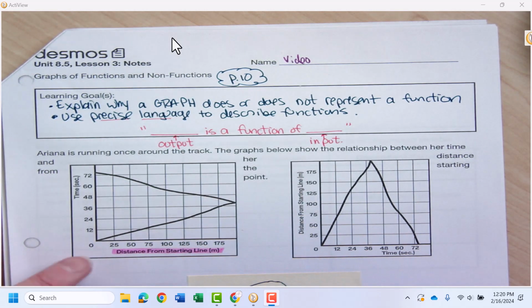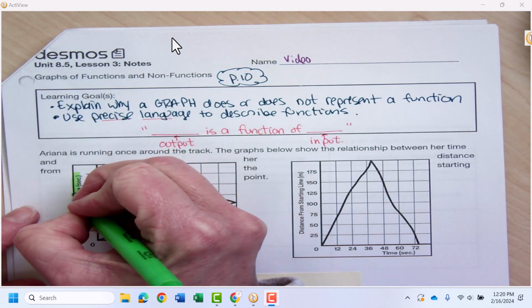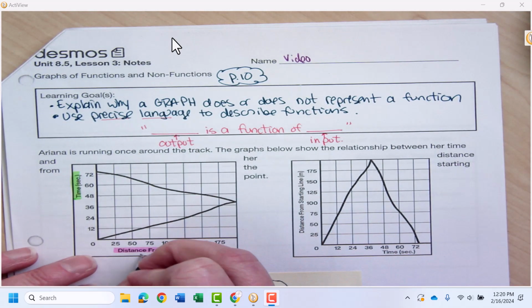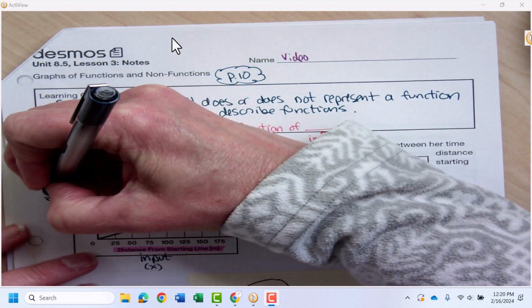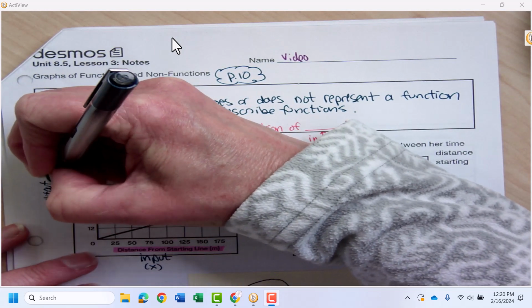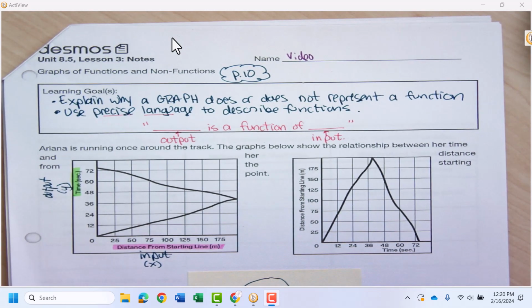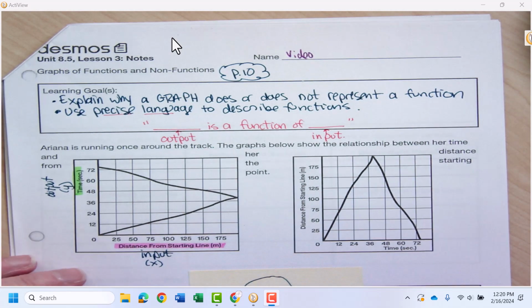Is the distance from the starting line. And the output is the time. So inputs are always x, outputs are always y. All right. And we know that if each input results in only one output, then we have a function.